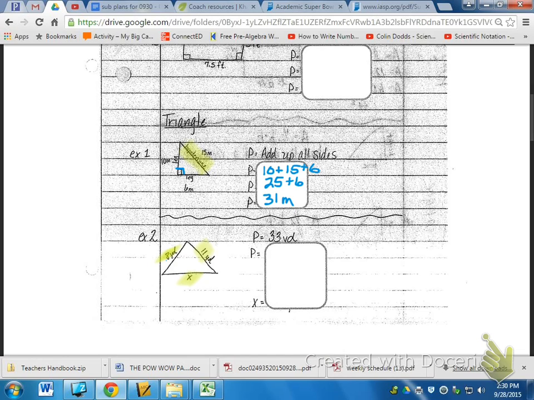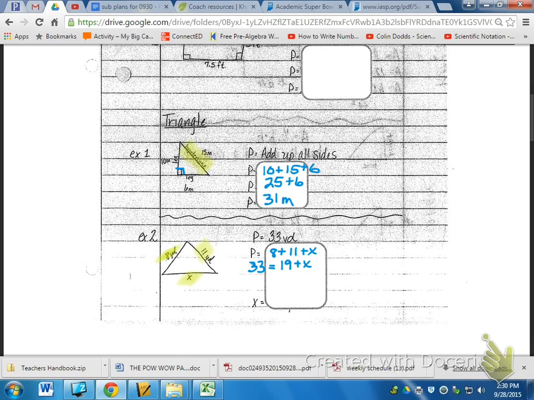Perimeter would actually equal 8 plus 11 plus x. But I know what the perimeter is, so I'm going to plug in 33 in place of P. And on the right, I'm going to go ahead and add 8 plus 11 and get 19 plus x.